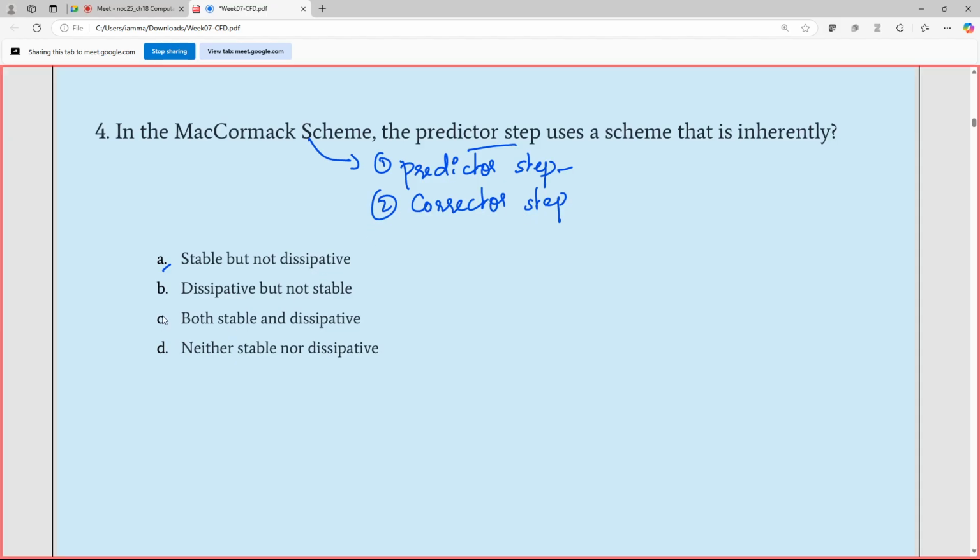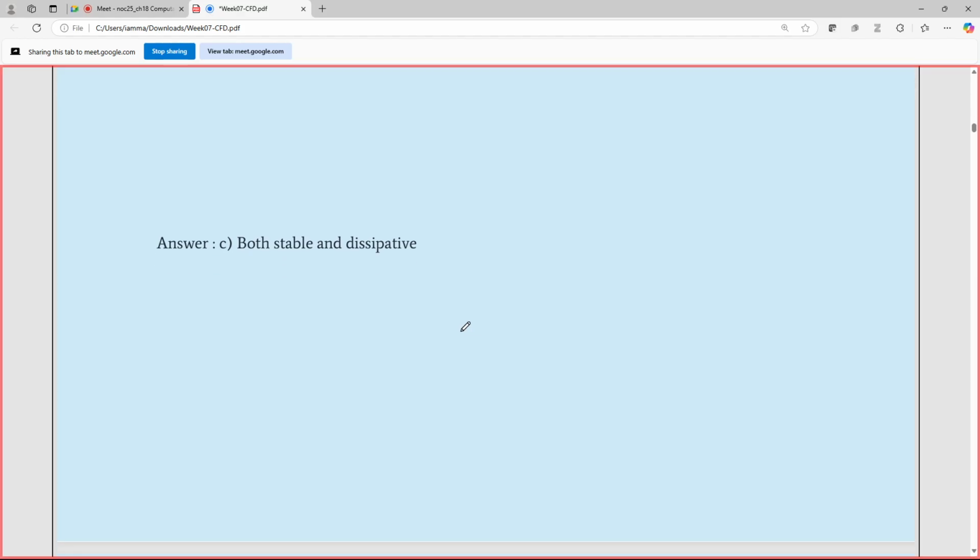Our answer is option C, both stable and dissipative. By giving a predictor step, we try to make the scheme more stable and also dissipative. And as we have already mentioned, this McCormack scheme is used for hyperbolic equations.